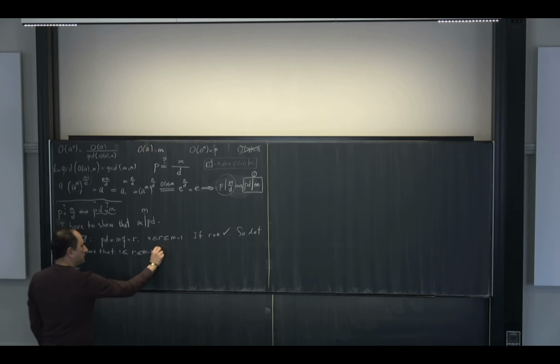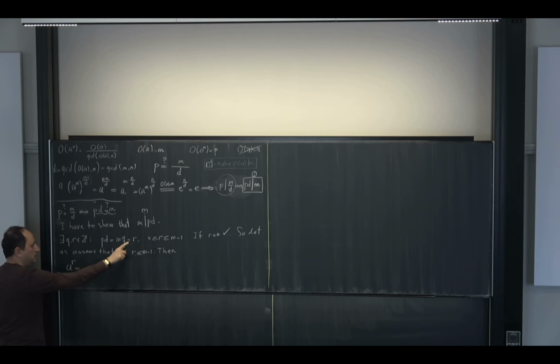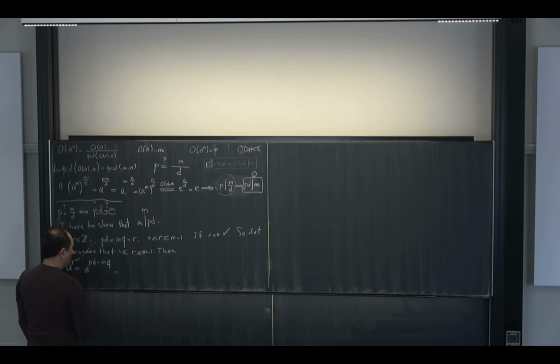So then, a to the power r is equal to, instead of r, I can write PD minus MQ. Yes? So if you want, I am using this. But now, what do you think I will do? This is not a problem. This is a problem. It becomes a to the power of PD.